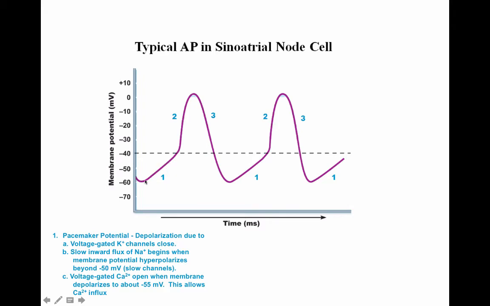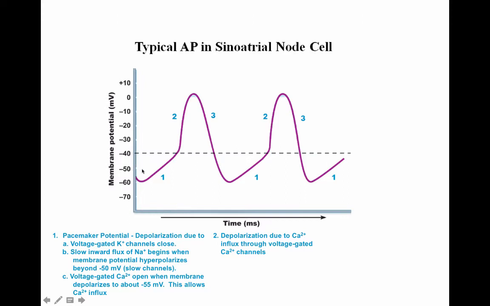You might wonder, how does the sinoatrial node fire itself? Fundamentally, it's due to these slow channels that are constantly allowing it to rebuild up to threshold, take off, fire an action potential, reset, slowly build, fire an action potential, and reset. At number two, then, depolarization is due to calcium influx through voltage-gated calcium channels.